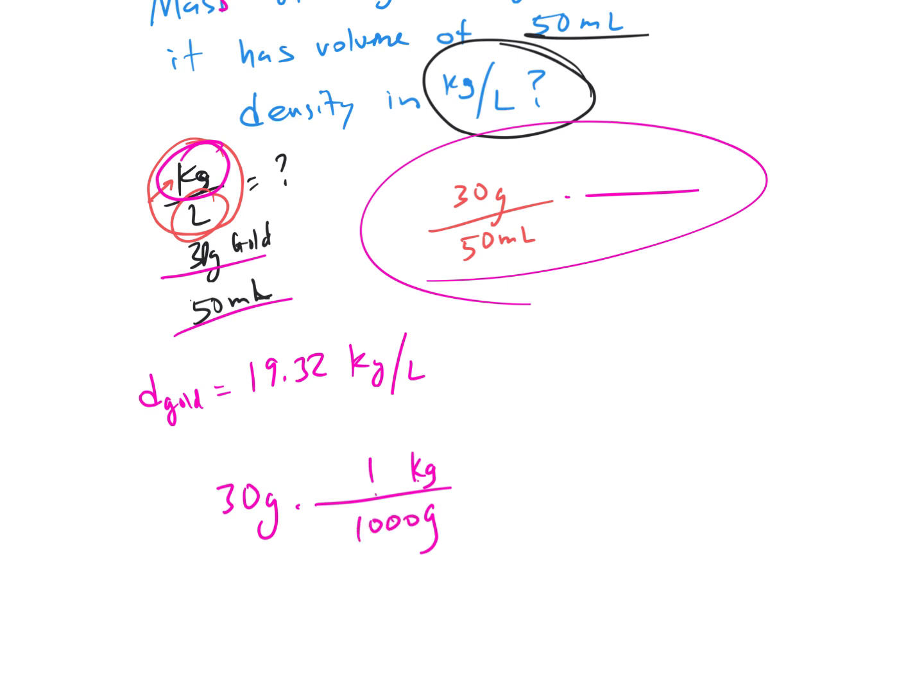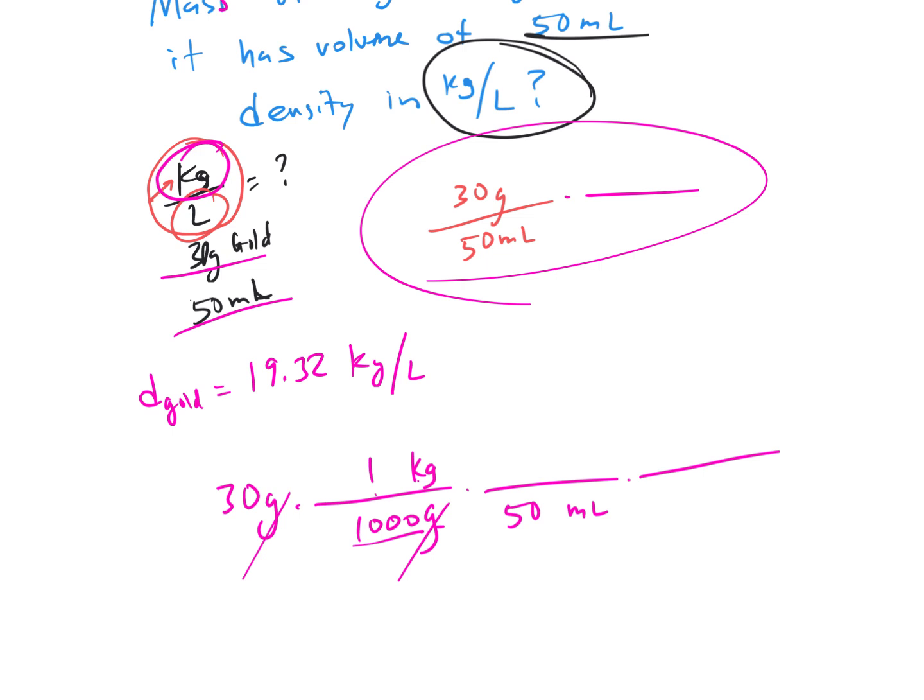Good? Grams goes away. I do want kilograms in my answer, but I also want liters. What's the closest thing to liters? 50 milliliters. See, it's the same thing no matter what way you do it.